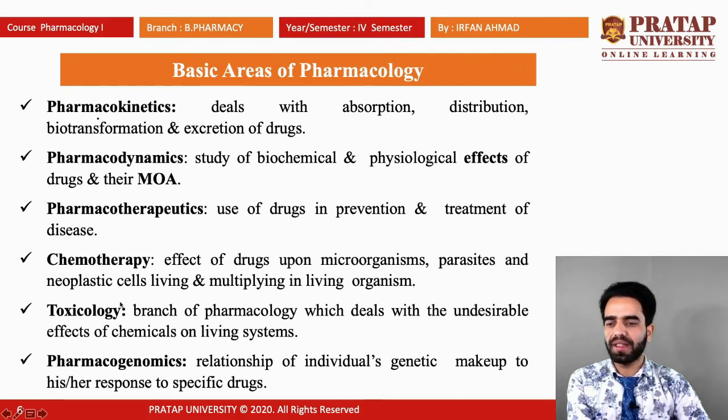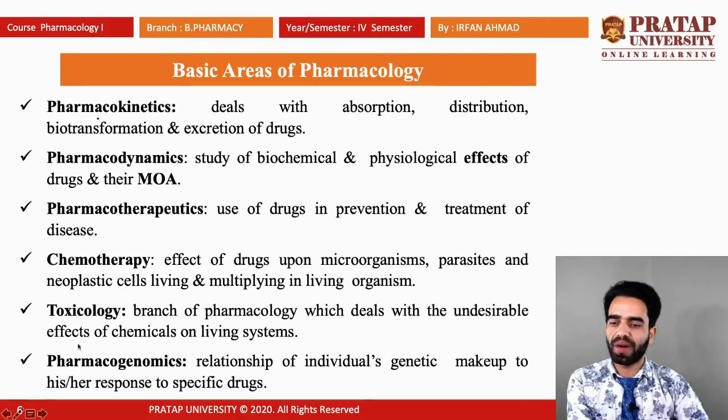One more thing is there, that's toxicology. It is one more branch of pharmacology which deals with the undesirable effects or adverse effects of the drugs on living systems. We are taking the drug, and almost every allopathic drug has one or another side effect. Those adverse effects we study in a separate area of pharmacology, which is called toxicology.